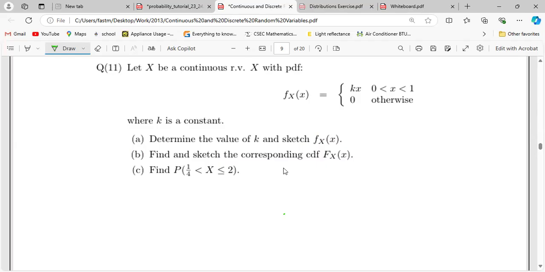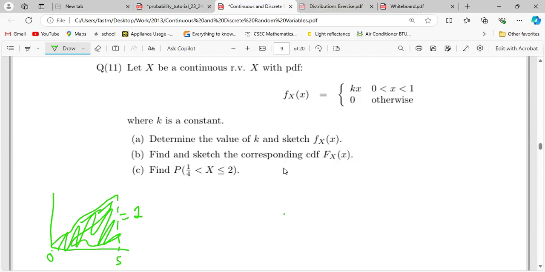So something to remember, when dealing with continuous random variables: if I have a graph here, and this graph ends at 5, the area, all this area here, if I were to integrate it, I'll get 1.